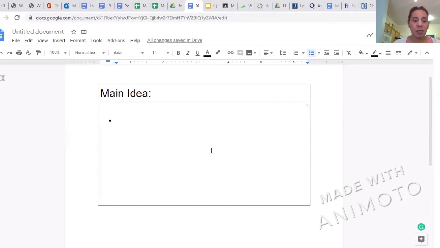This is what a boxes and bullets looks like. We've got the main idea at the top, and then these are our bullets, as you can hopefully see my cursor pointing to the bullets. That's where we're going to take the information that we're getting from the chunks. We're going to type it in or write it in if you choose to redraw this, and it's going to help us get what we need to understand the main idea.